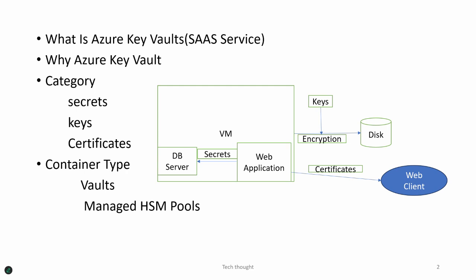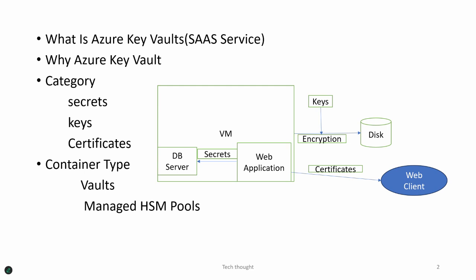Another use case is storing certificates. If the web application communicates through the HTTPS protocol, then you need a certificate. The certificate can be stored in the Azure Key Vault, which can be accessed by multiple clients.